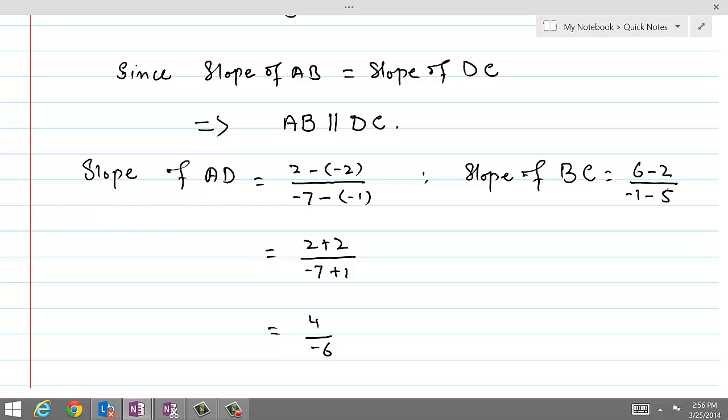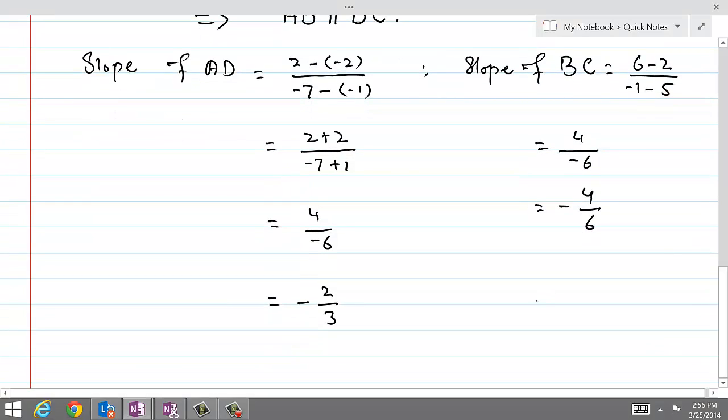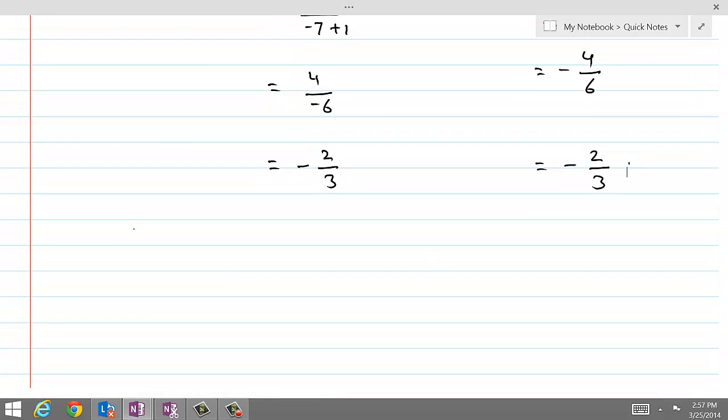It doesn't matter which way, you can label any one of them, so that shouldn't affect your answer. 6 minus 2 is 4 over -6. This is equal to -4 over 6, and this will give us -2 over 3. So we can see that the slope of AD is equal to the slope of BC.